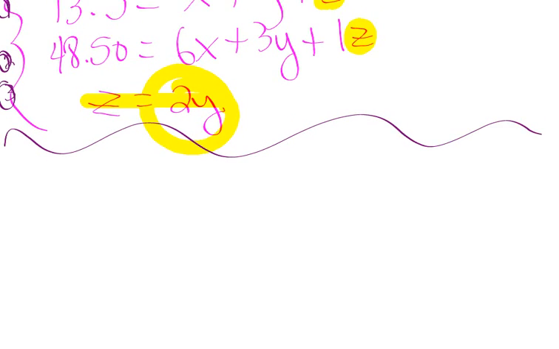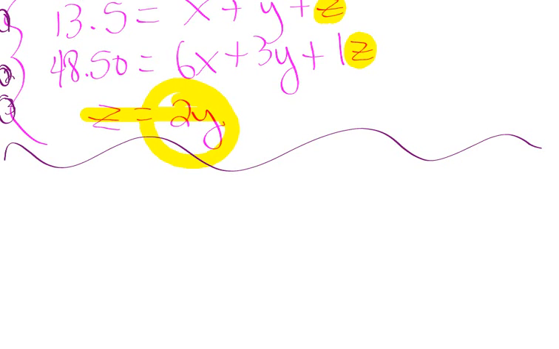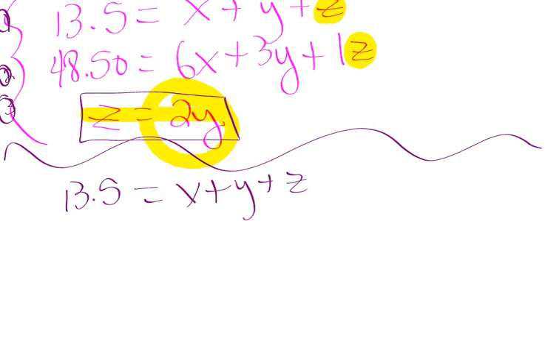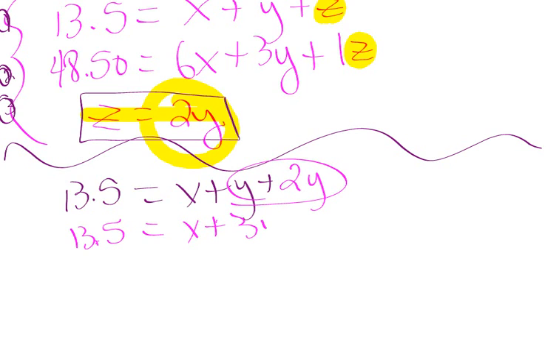So let's begin that. For equation 1, we're going to have 13.50 equals X plus Y plus Z, and we said that Z is equal to 2Y. So we're going to put in 2Y. And solving for that, we have 13.50 equals X plus 2Y plus Y is 3Y.